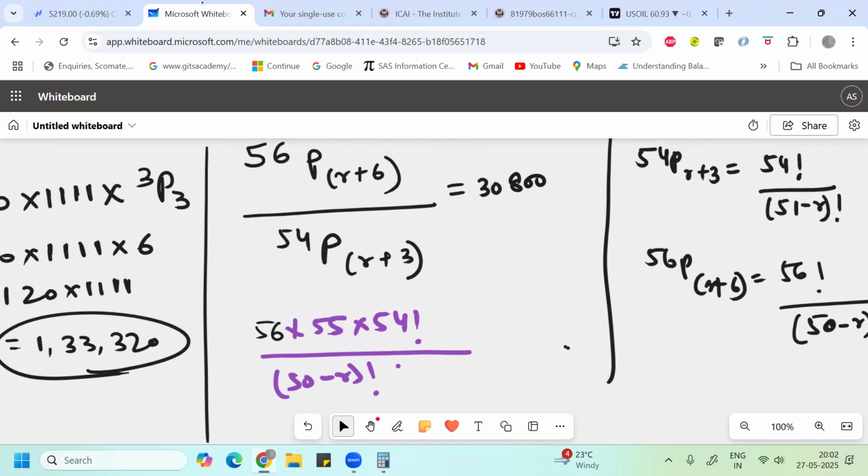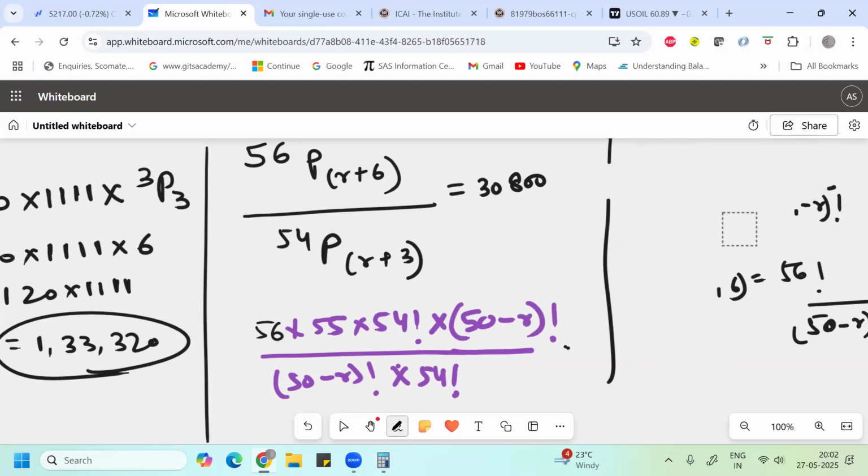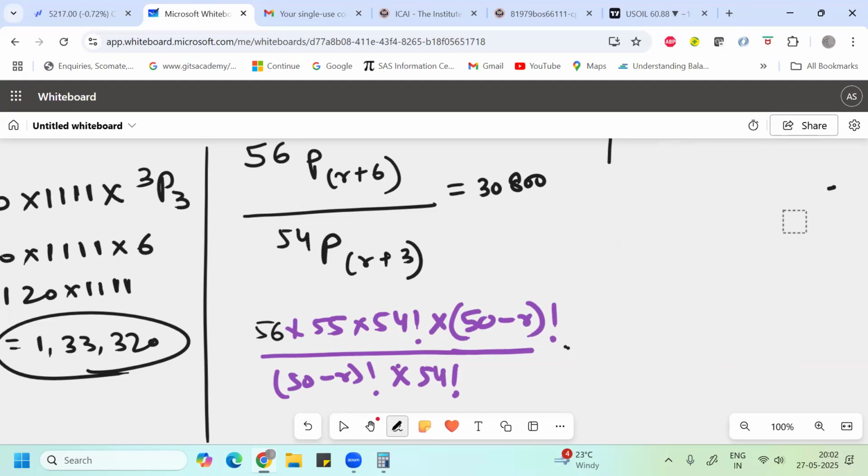So in the denominator you get 54 factorial into (50 minus r) factorial, and this is equal to 30,800.